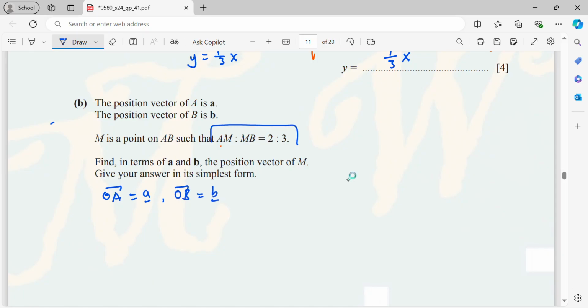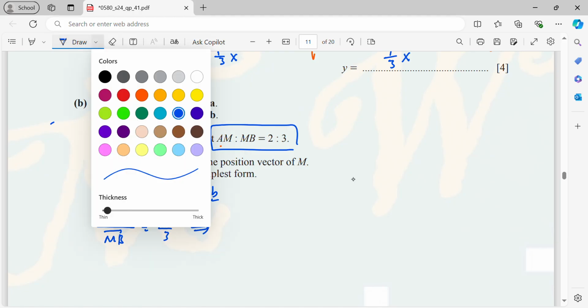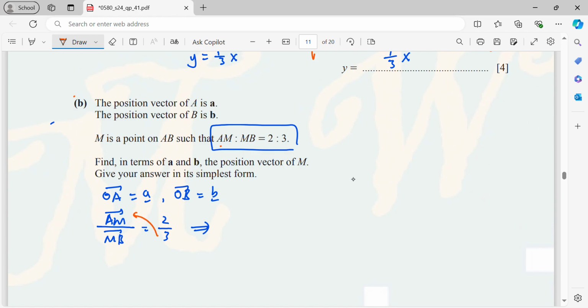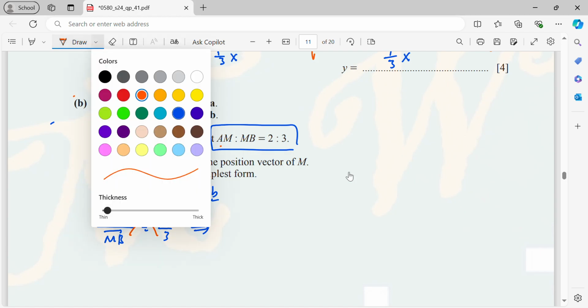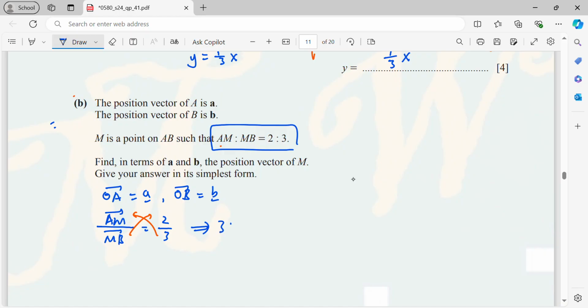And from the ratio, you change to a vector. That means AM to MB, in fraction form, will be 2 to 3. Then from here, the 3 moves up and the MB moves to the other side. Use cross multiplication.